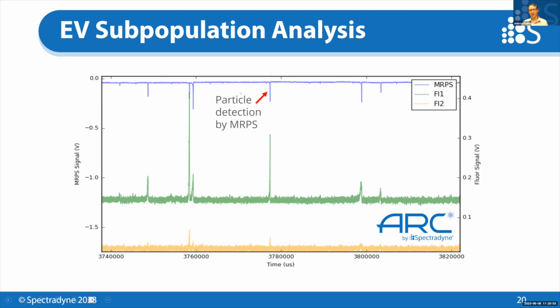So what we see here, I've highlighted with an arrow, is an individual particle being detected by MRPS. Okay, so this is the electrical measurement of size and concentration of this particle. And then simultaneously with the MRPS signal, we're detecting fluorescence in the green FITC channel as well as the yellow PE channel.